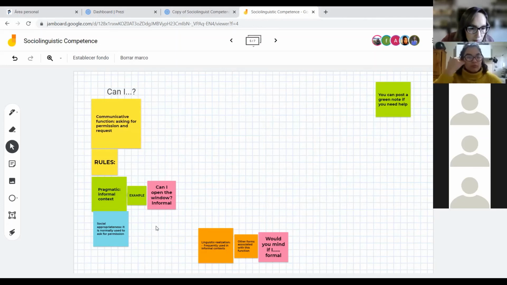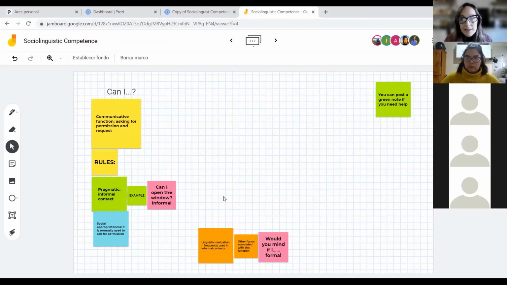And then social appropriateness, it is normally used to ask for permission, okay? So if we think about what would not be correct, it would be to tell my sister, would you be so kind as to give me the book?